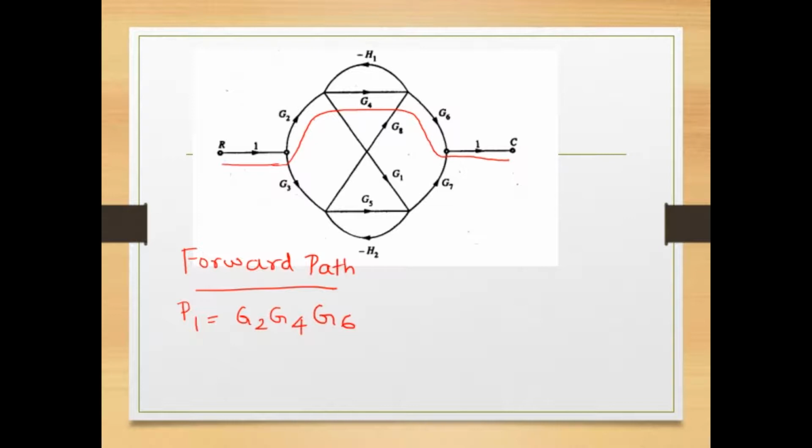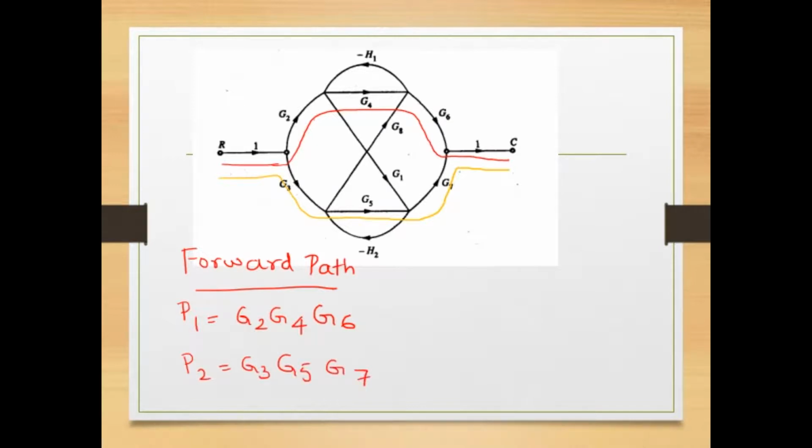Next, the second forward path starts from the input node along G3, G5, G7. So P2 is G3 G5 G7.